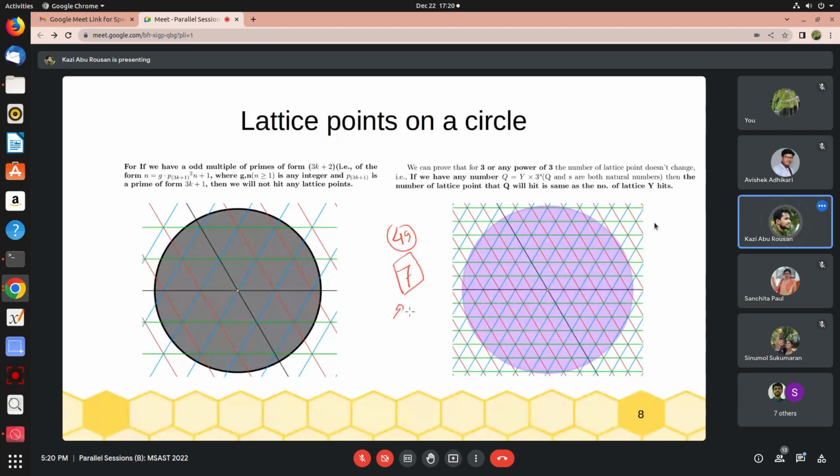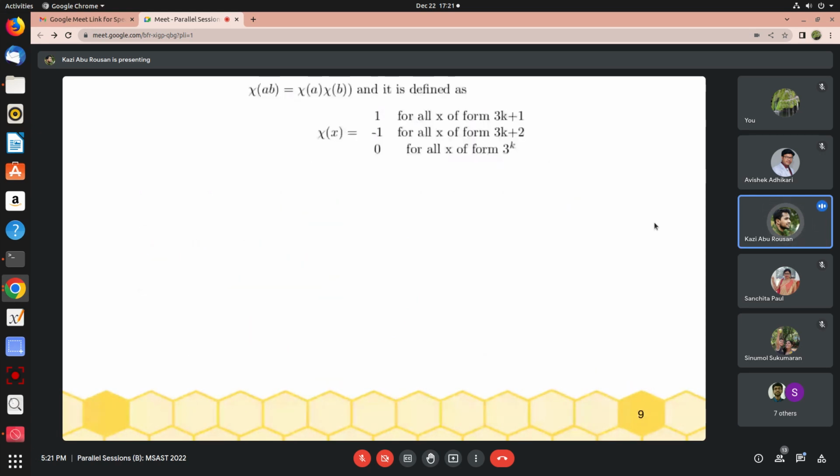If you have 21, that is 7 times 3, or maybe 7 times any power of 3, it will not change the lattice points. The number will be exactly the same as what you are getting for the case of 7. Okay, so I will not go into the proof due to the time constraint, but these are the cases.